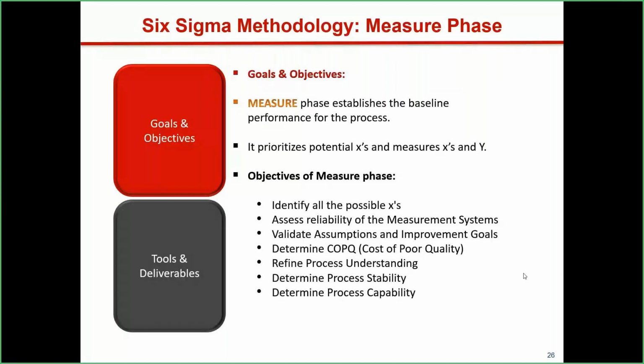So when I say measurement, obviously for your inputs, there will be some unit of measurement, or there might be a way to measure them. The reason we have to assess the reliability of the measurement system is to make sure that your X's are not influenced by some external factor or internal factor.